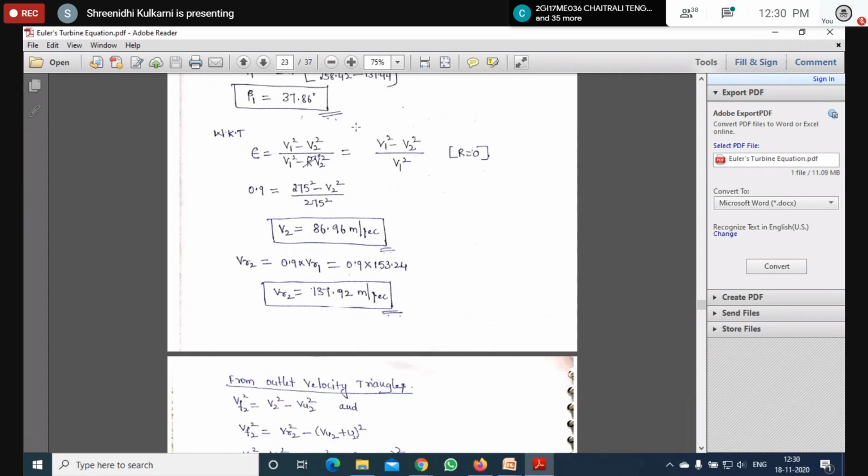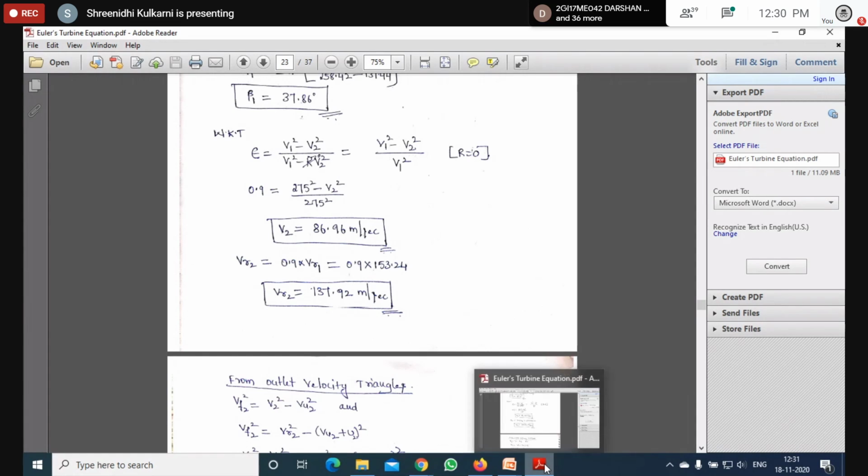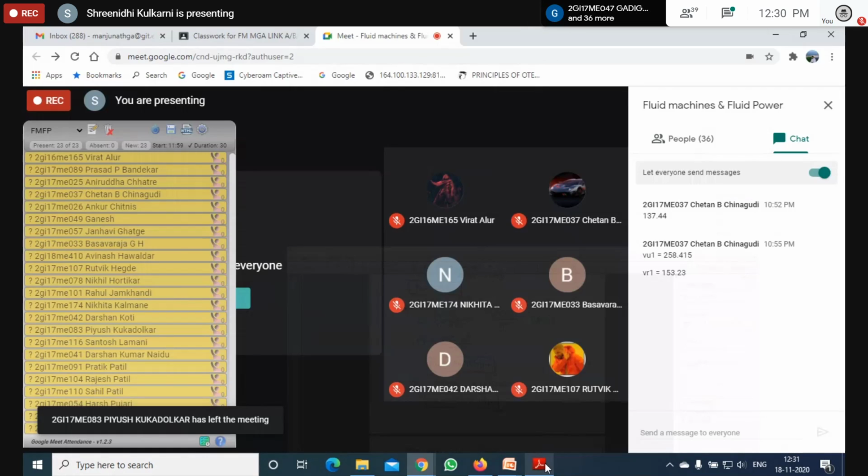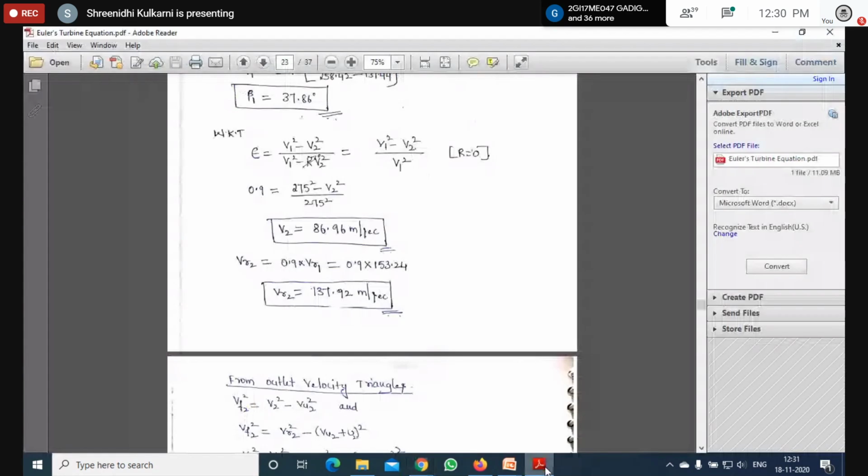Use this equation: epsilon is equal to V1 square minus V2 square by V1 square minus R into V2 square, but the degree of reaction is 0 because it is an impulse turbine. Then V2 you'll get is 86.96 meter per second.